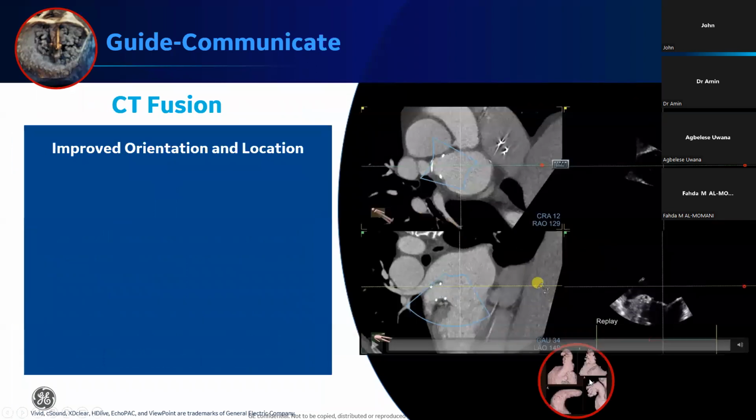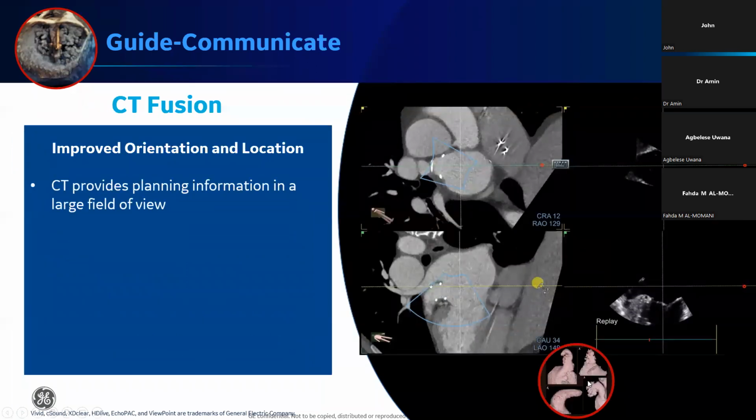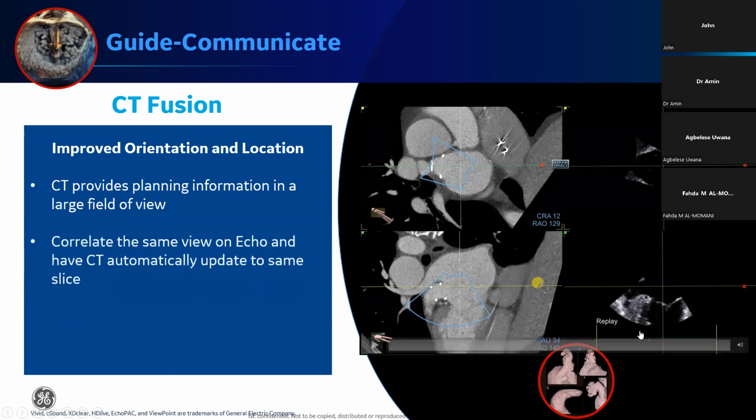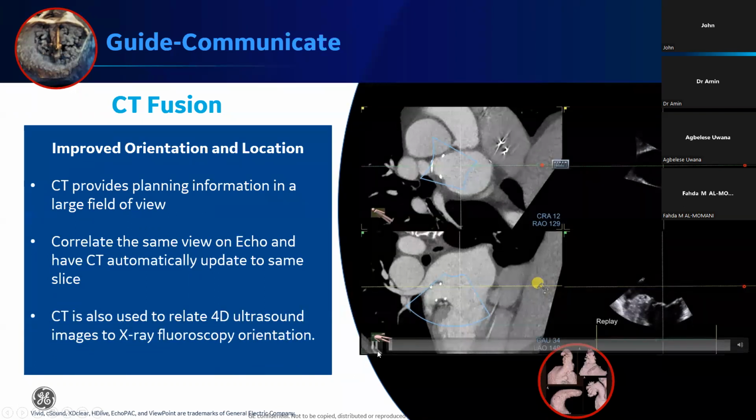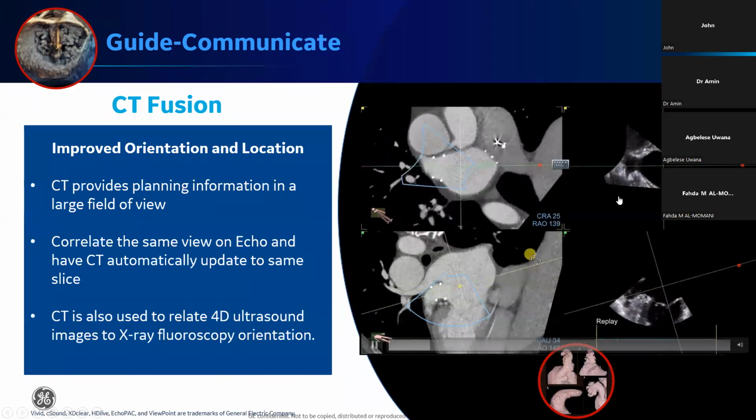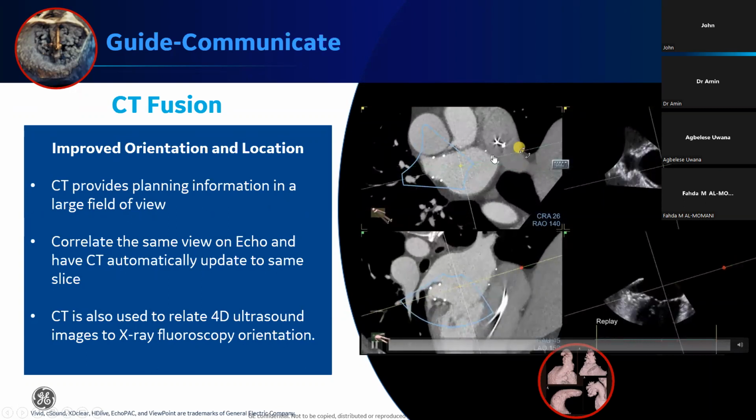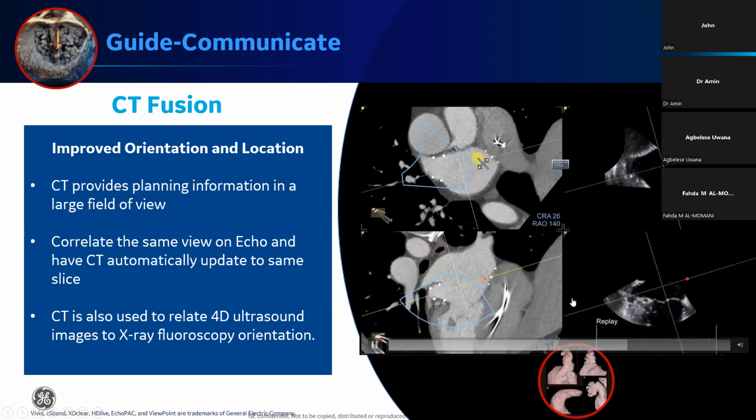Because, again, as I mentioned earlier, the complexity of structural heart is that every patient has different anatomy. These are different types of LA appendage anatomies that are totally different. And again, CT can help in the planning, echo can help in the guidance during the intervention. So you can see, first of all, the pre-planned point of the transseptal puncture, and of course the landing zone where the device should be.